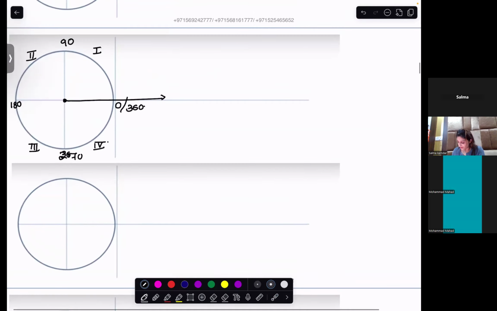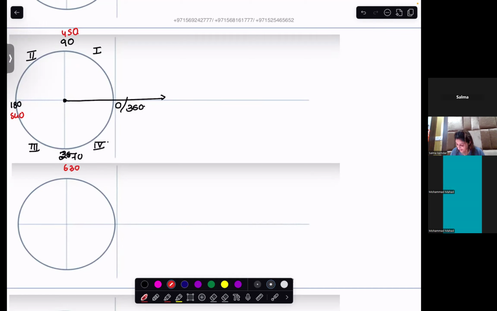If I go further around, what will this be? 360 plus 90, so this would be 450. Plus 90, this would be 540. Plus 90, this would be 630. I hope you're with me.